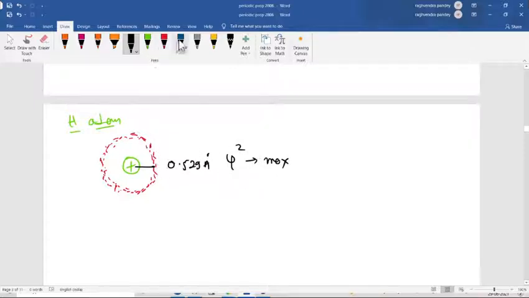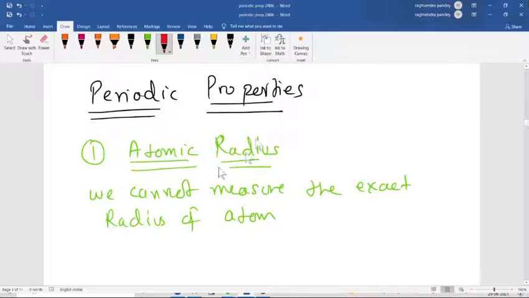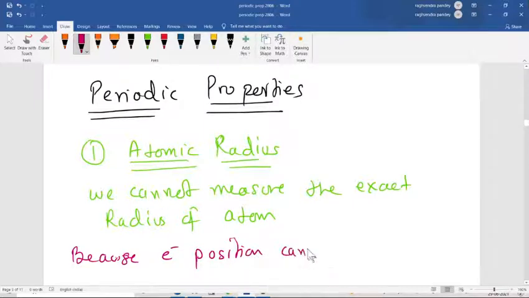We can't say the exact position of the electron, so we can't measure the atomic radius as such. If you say yes, we can measure it, no, it is not possible, because the electron position cannot be calculated with certainty.